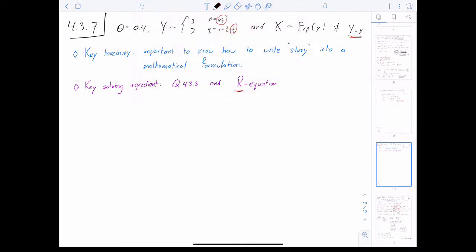We can start by asking a question: what does X, the random variable, look like? In other words, how do we represent it?